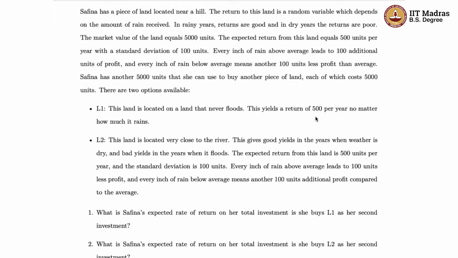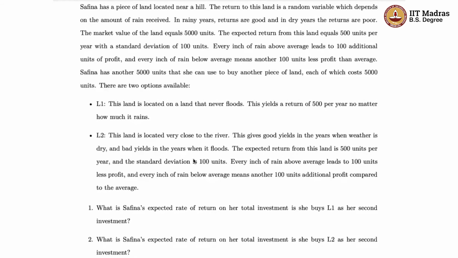If you have got more rainfall, that's going to be good for the profit, and if you have got less rainfall, that's going to be bad for the profit. Whereas in the second land's case, it's going to be exactly the opposite, right? If you have got more rainfall, that's going to be bad for your land, and if you have got less rainfall, that's going to be good for your land, right? So these two help to cancel the risk exactly, right?